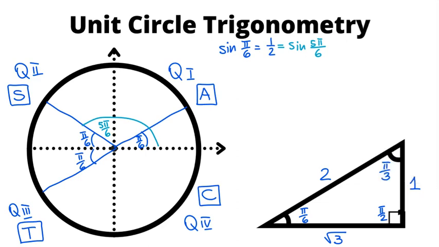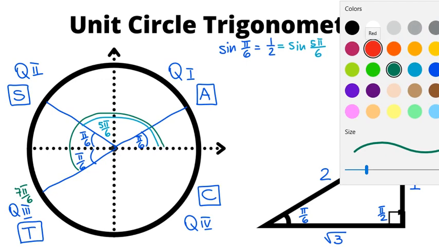I would have to go all the way down here for the principal angle. And now my angle is no longer 5 pi over 6, it's 7 pi over 6. And I can also see that in quadrant 3, only tangent has a positive ratio, but sine will be a negative ratio. So that means that sine of 7 pi over 6 will equal the same numerical value but a different sign. So negative 1 over 2.